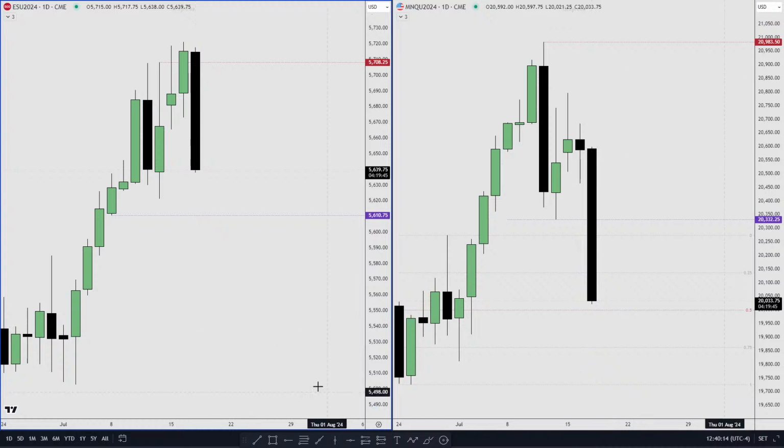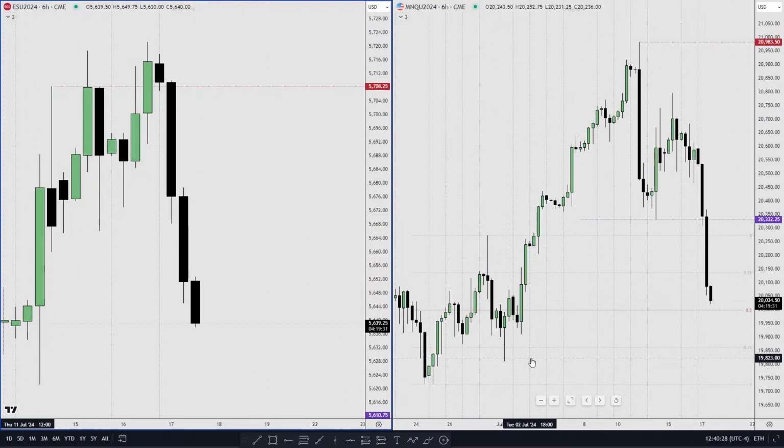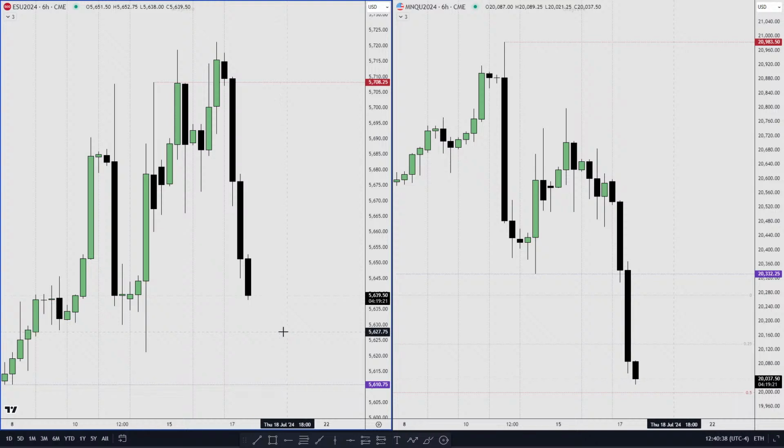So I'm expecting Thursday to be a retracement, and then Friday a continuation of the weekly bearish order flow, which is why I am anticipating that on Friday we are probably going to reach below here, at least to the 75% for NQ and the weekly fair value gap for ES.